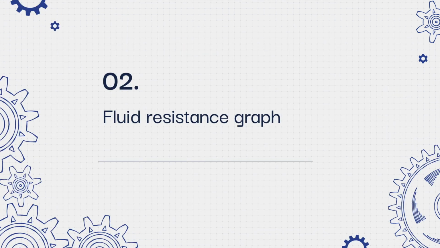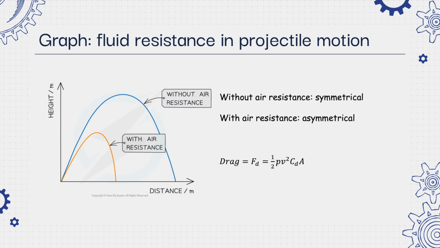Now we're going to see a little bit about the fluid resistance graph. So this is a graph that is plain. You can see the main parabola. This is the height and distance, so the height, the vertical, and horizontal, the range. Without air resistance it is a perfectly symmetrical parabola. So for example, the time it takes to go up to the maximum point is the same time it takes to go down.